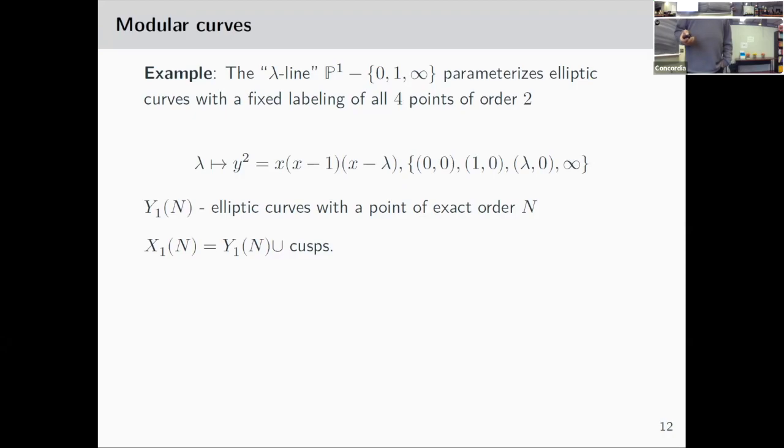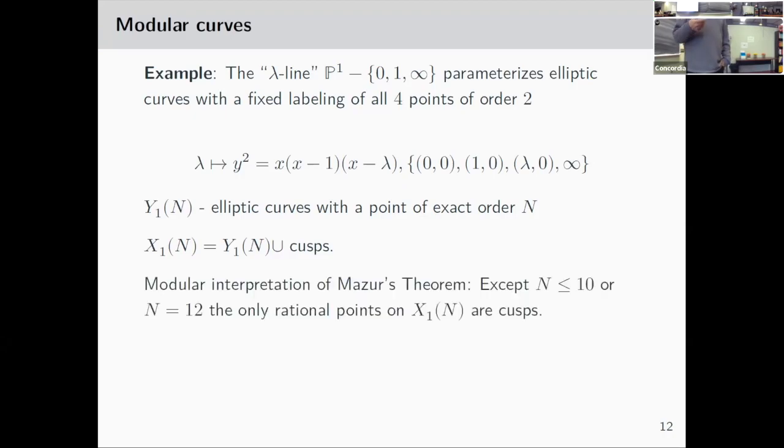And in that sense, this ties up this interlude into modular curves with the quest for rational points: the modular interpretation of Mazur's theorem is really how he proves the theorem. Except when n is 10 or less, or n is 12, the only rational points on X1(n) are cusps.